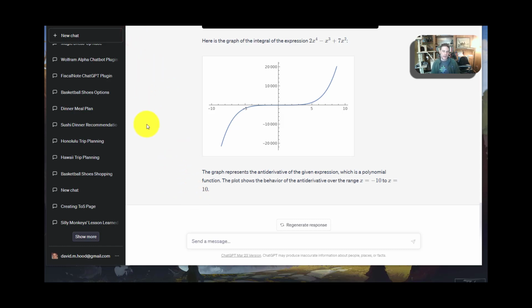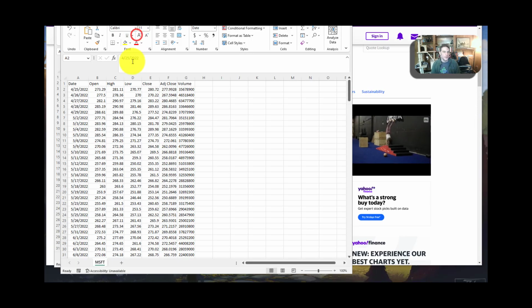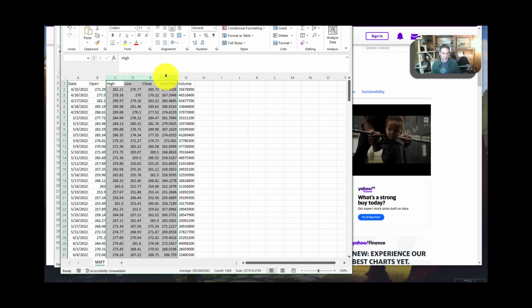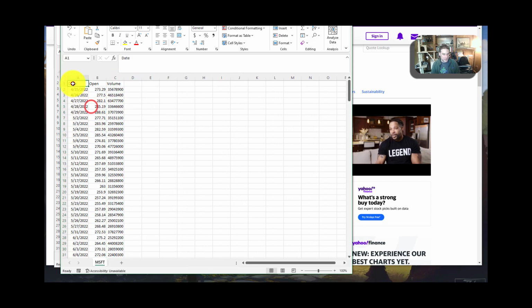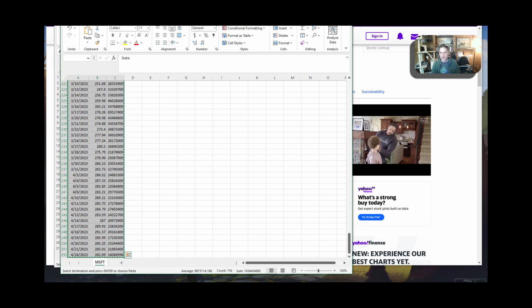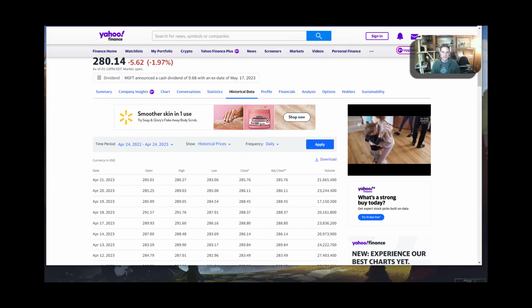Let's try creating a spreadsheet real quick and then just copying and pasting it into here. Okay, so what I did was I downloaded the last 5 years of stock data for Microsoft. Let's just do one of the listings and let's graph this. Let's have it graph it. Let's see if that works.